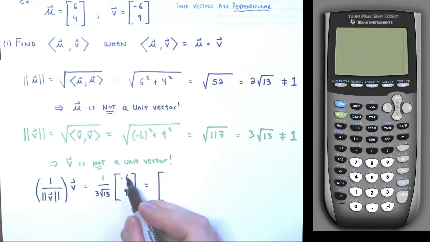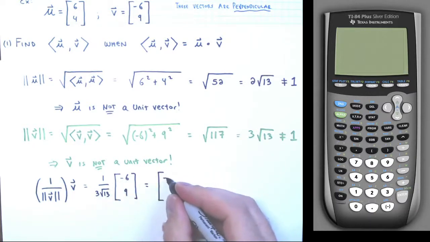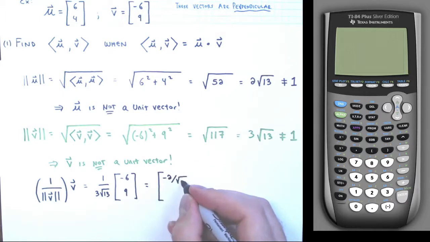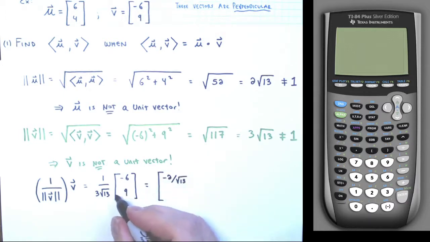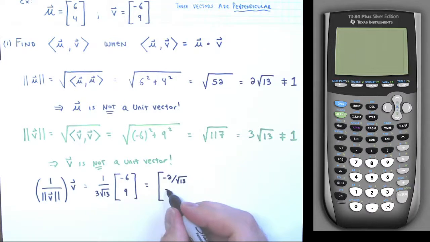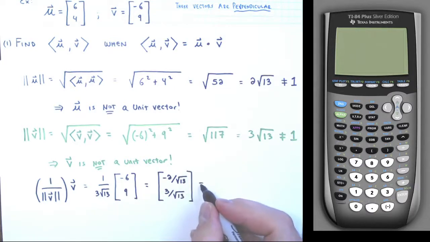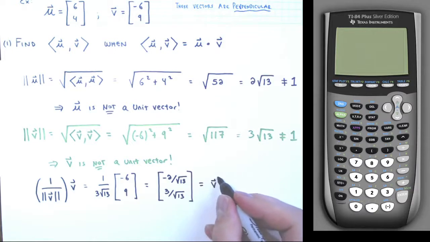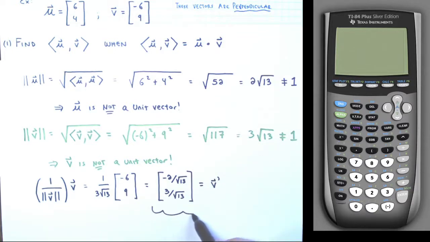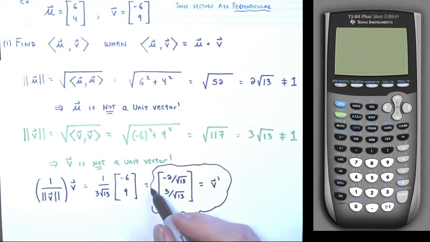Multiplying the top ones, you have negative 6 over 3 is negative 2. So negative 2 divided by the square root of 13. And then multiplying by the 9, that's 3 divided by the square root of 13. And again, I'll call this v prime. There's another one.